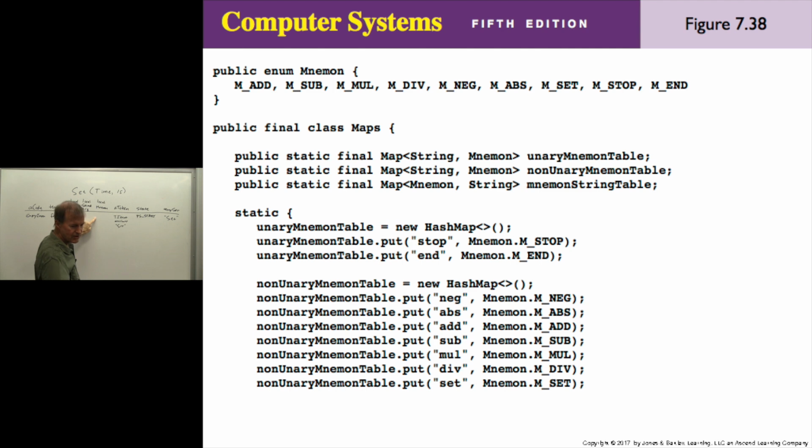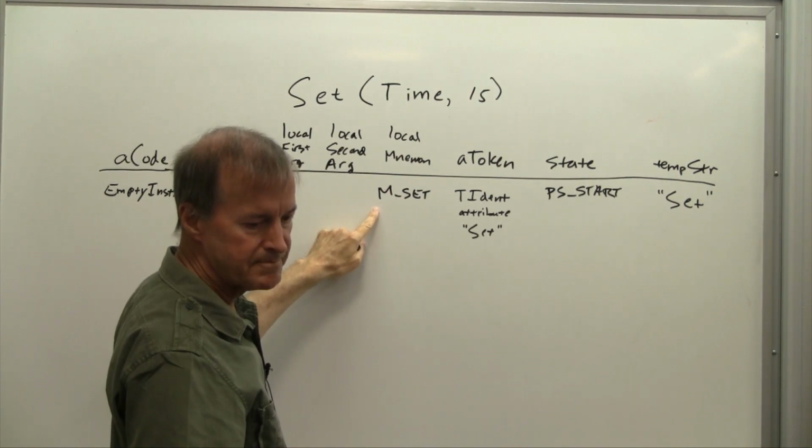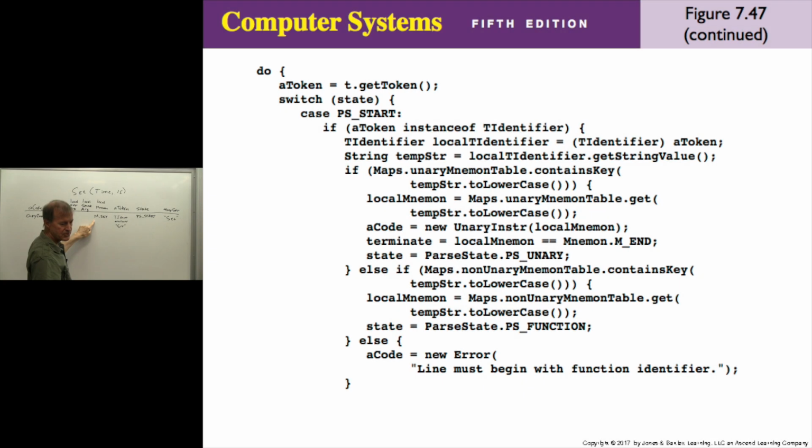Do you see here in figure 7.38, non-unary mnemon table dot put. Lowercase set is what we gave it. It's giving us back M set, that mnemonic. Is everybody clear? So local mnemon gets maps.non-unary mnemon table.get, temp string dot to lowercase, and then it does state gets what?